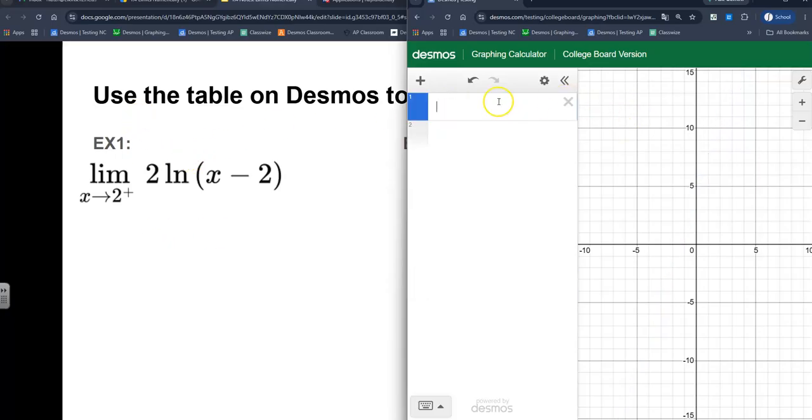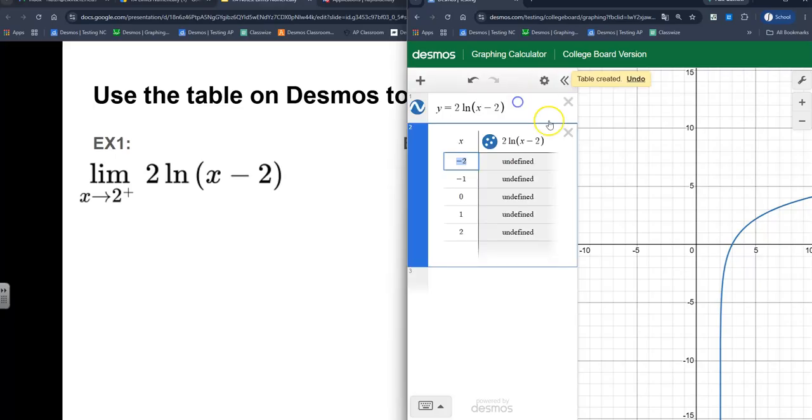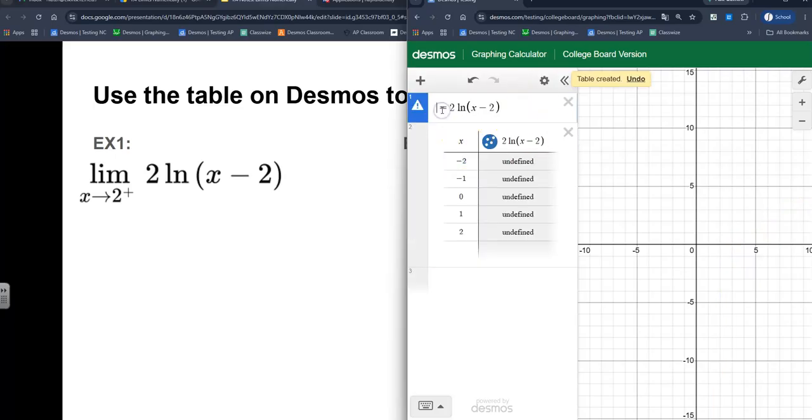So I'm going to type it in. I like using function notation. I think it'll work with y equals. Actually, will it? Let me see if that's true. Yeah, it'll do it. It'll do a table with y equals or f of x equals. It really doesn't matter. Now, I could probably figure this out from the graph that it gives me. Here, sometimes it's a little hard to see from the graph, depending on what type of problem you're looking at.